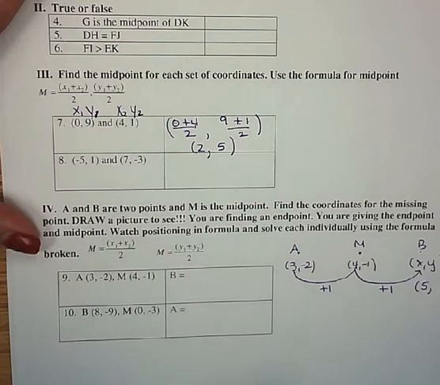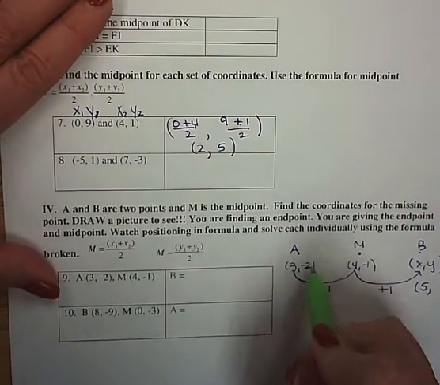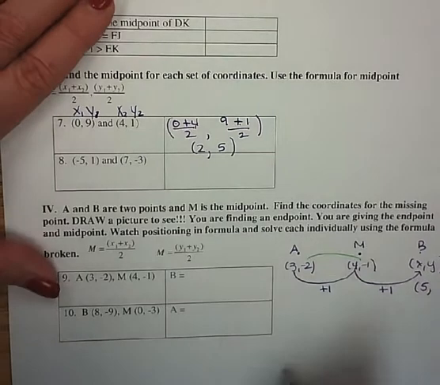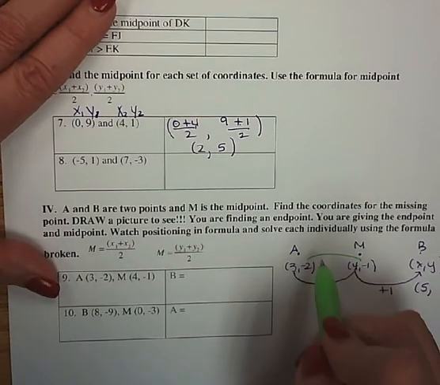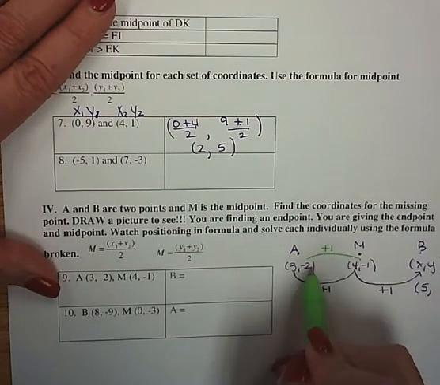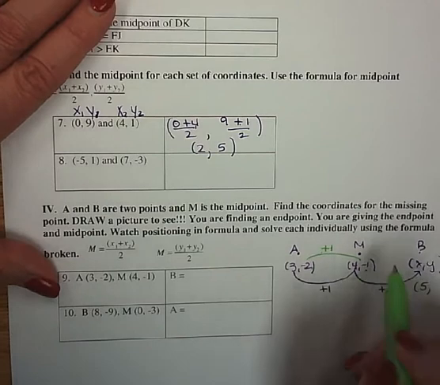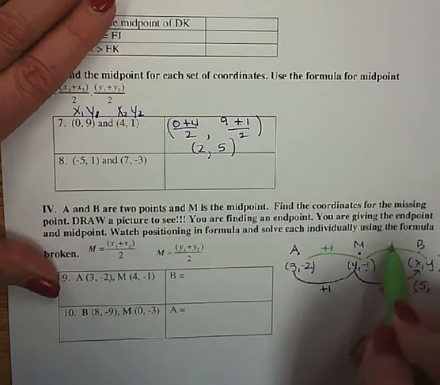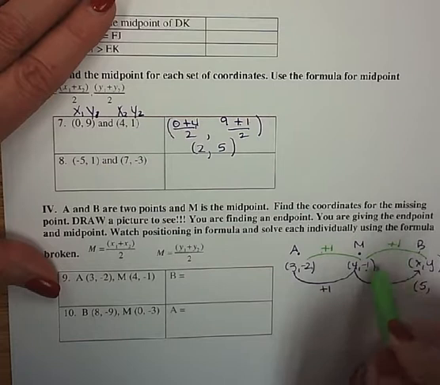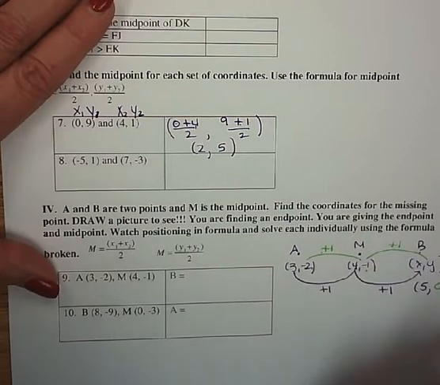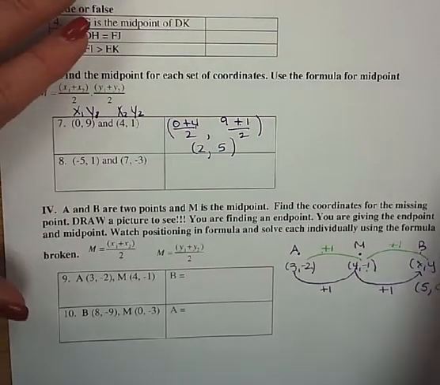Now I look at the y. To go from -2 to -1, I added 1. -2 plus 1 is -1. So again, I do the same thing, and -1 plus 1 makes my y 0. So my point for B is 5, 0.